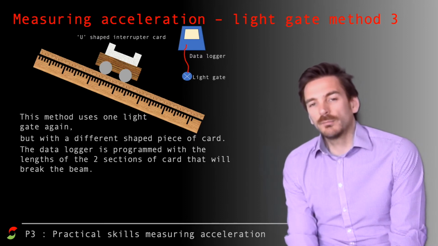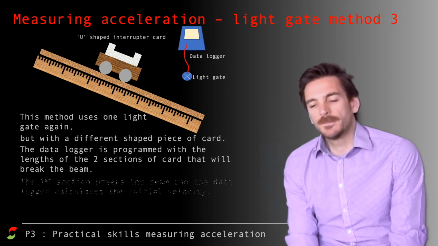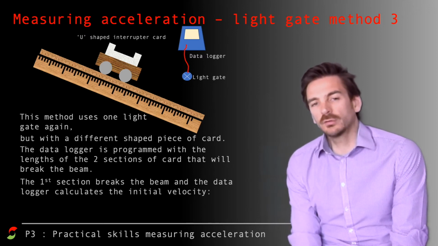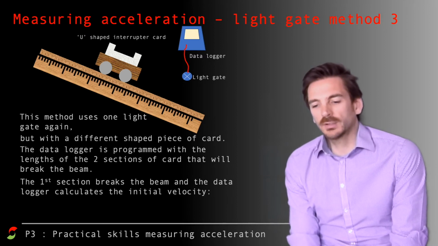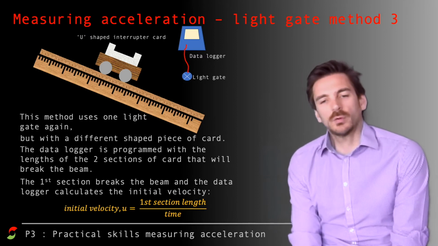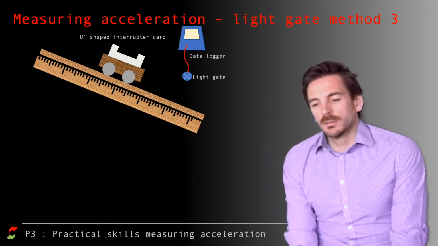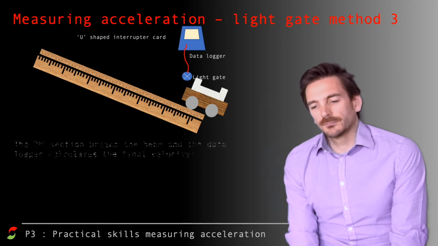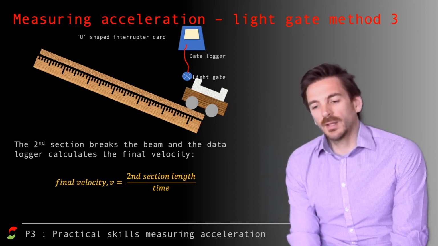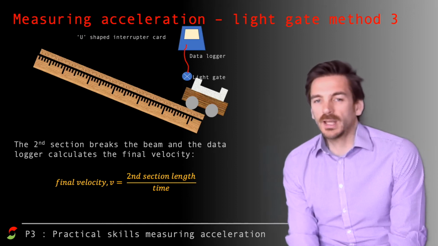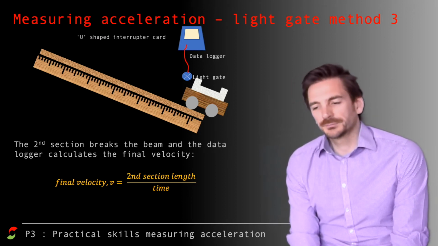What it can do then is measure the time that it takes the trolley to pass by in those two sections. So the first section of that U-shaped interrupter card breaks the beam of light, and it calculates the initial velocity using this equation. And then the second section breaks the beam of light, and that means that the data logger can calculate the final velocity using this equation.